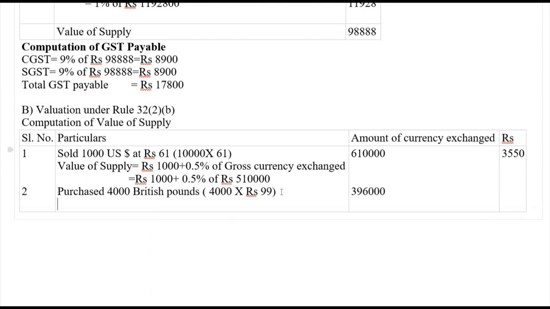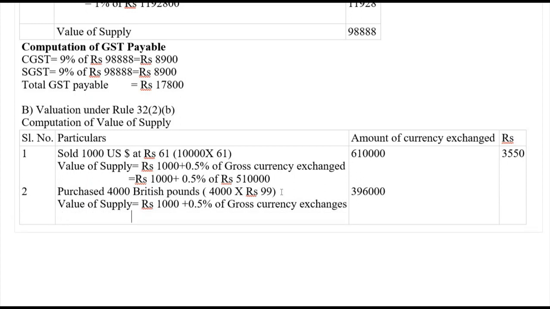Now we should take the value here. Value of supply equals rupees 1,000 plus 0.5% of gross currency exchanged, which equals rupees 1,000 plus 0.5% of 3,96,000 minus 1 lakh, which comes to rupees 2,96,000. So that will be 2,480.